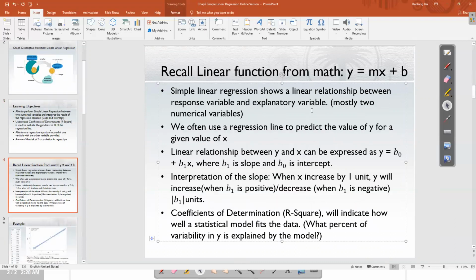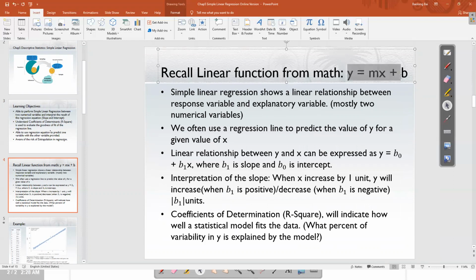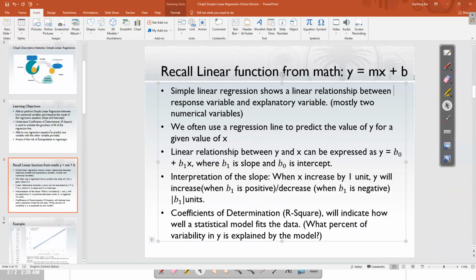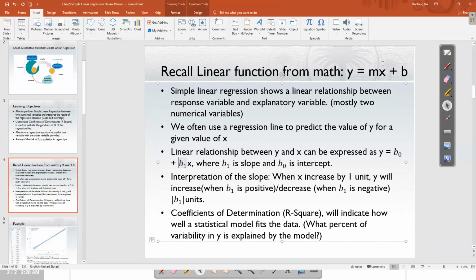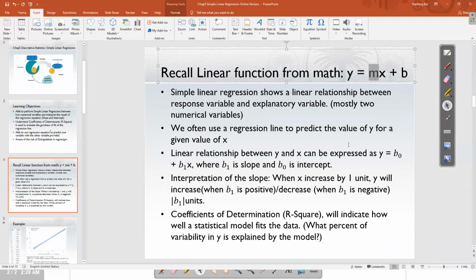All right. So recall your math linear relationship you learned, y equal to mx plus b. We're going to use the same form, but we're going to change the notation. We're going to use b0 to represent the intercept instead of b. We're going to use b1 to represent the slope instead of m.